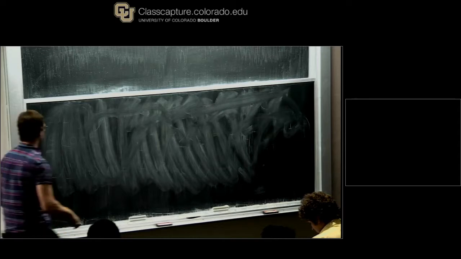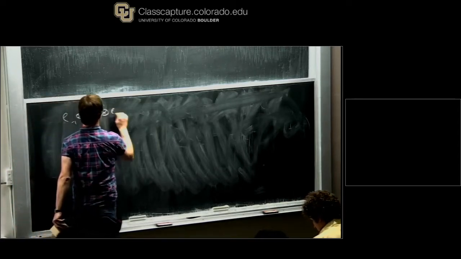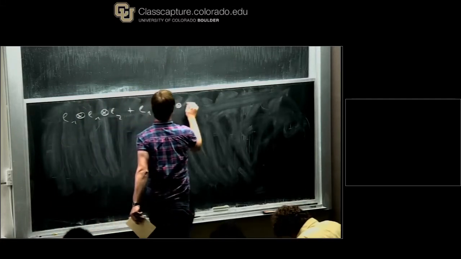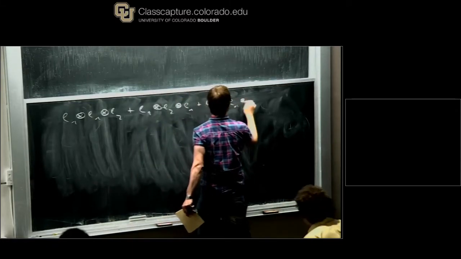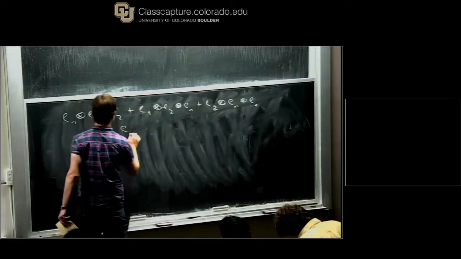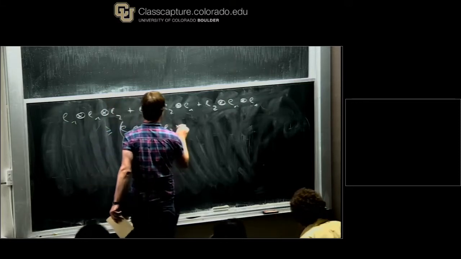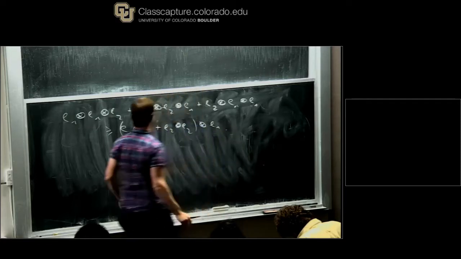Okay, so we want to understand the W. That was E1, E1, E2, plus E1, E2, E1, plus, I'm sorry, I'm not using this bracket notation, but I don't want to change it now. Life would be easier, it's true. But I want to go to E1, E1, plus E2, E2, tensor E1. Okay? So how to do this?